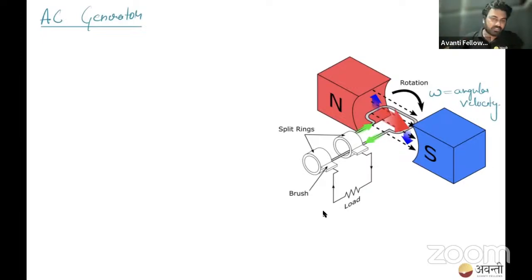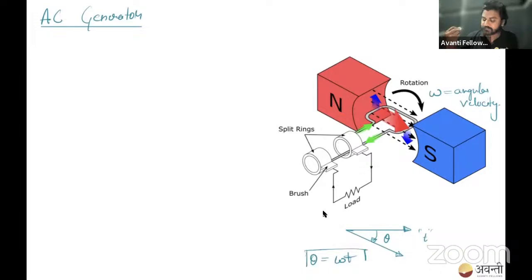If it is rotating with angular velocity omega, after some time, let's say this was the area vector. Now the area vector will become like this. So after some time t, let's say it rotated by theta. So how much is theta? Theta is equal to omega t.